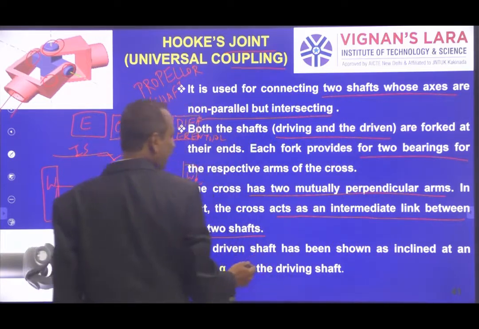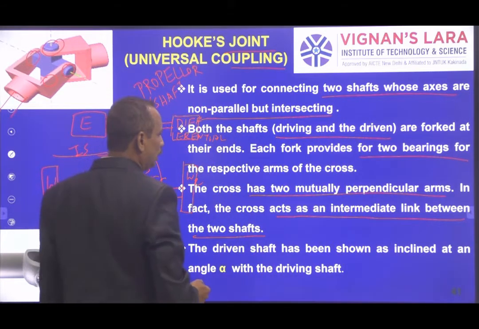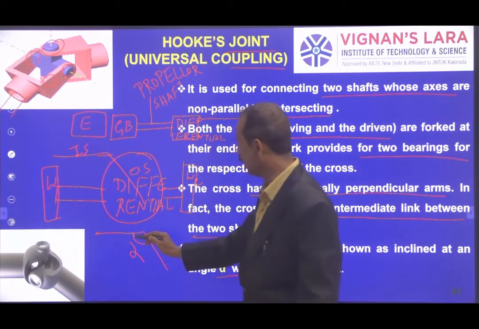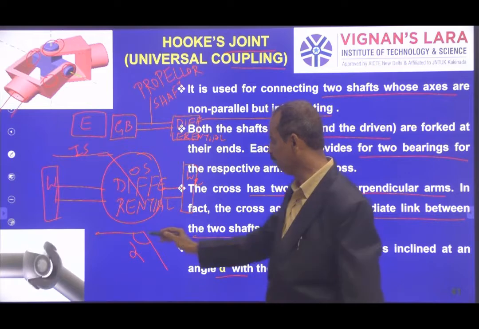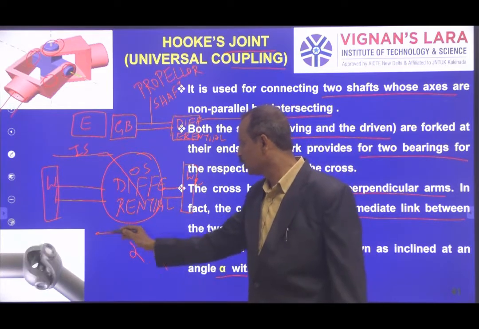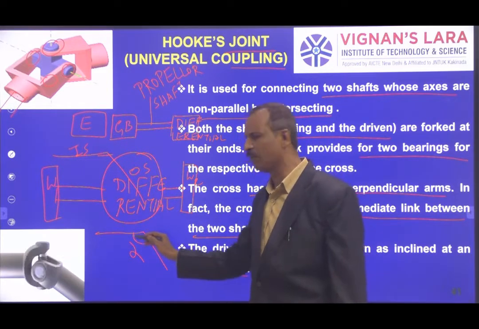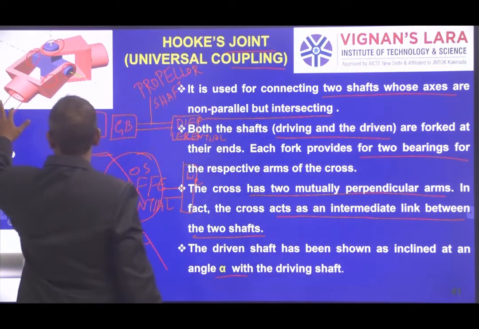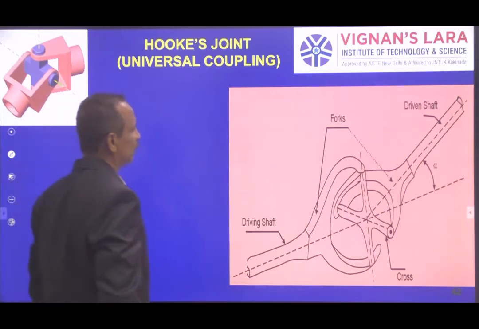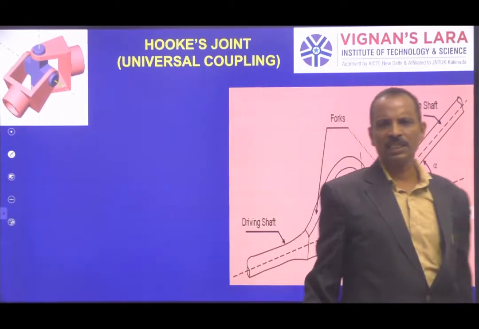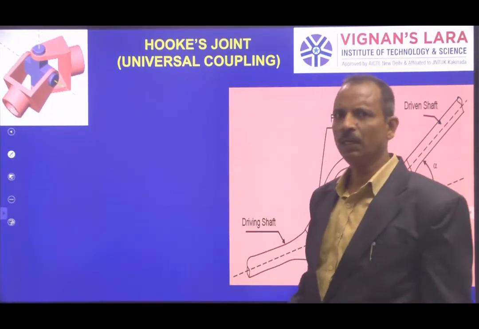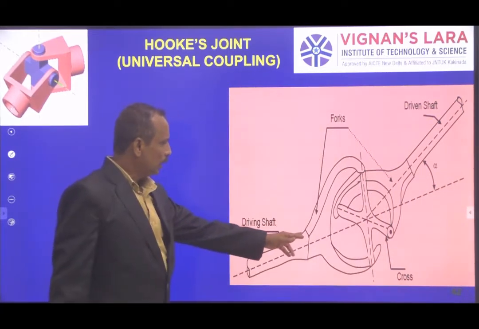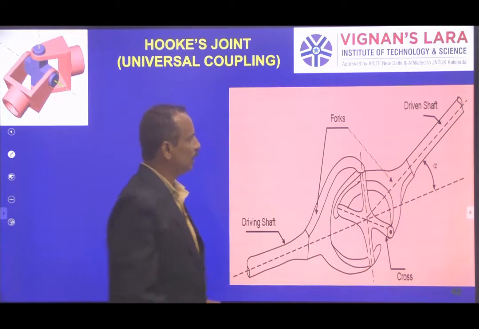The driven shaft has been shown inclined with an angle alpha to the driving shaft. That is what I have written. So in the next diagram, I will show that angle. The driver shaft and driven shaft are at an angle alpha, so you can look at that in the next diagram. The same thing which I have explained there, the animation you have seen, you can observe here: the driving shaft and the driven shaft.